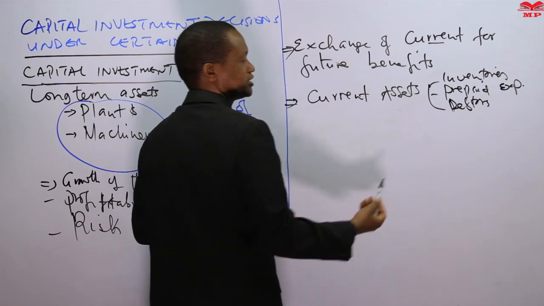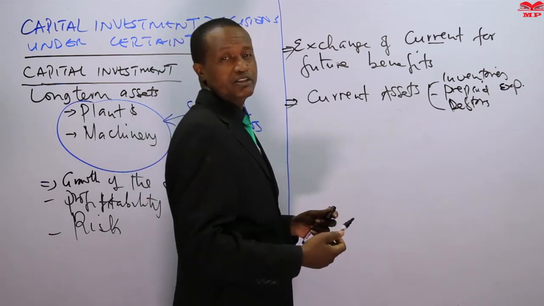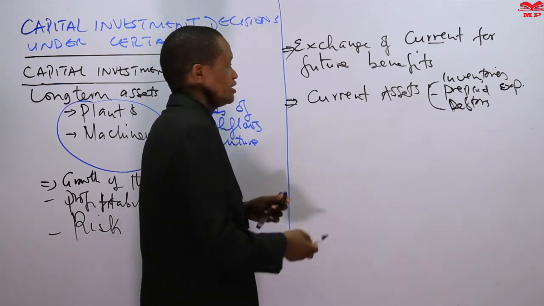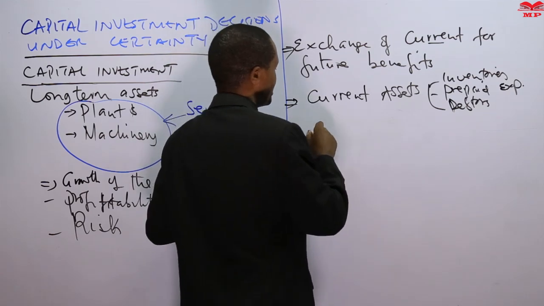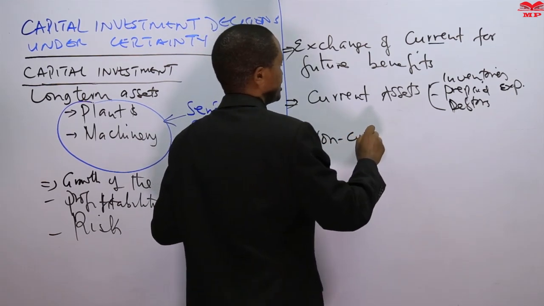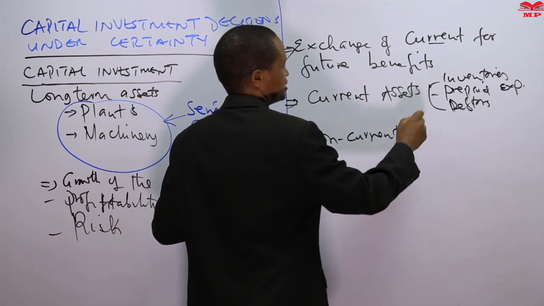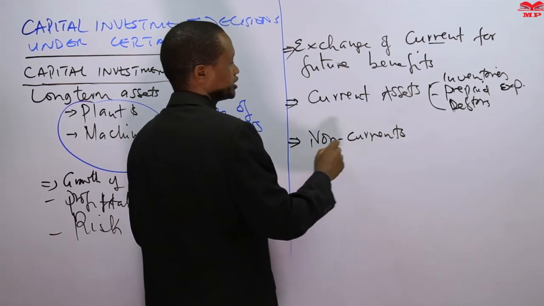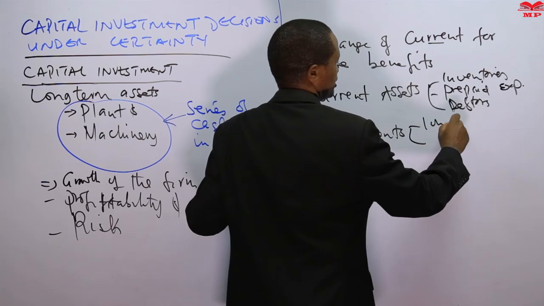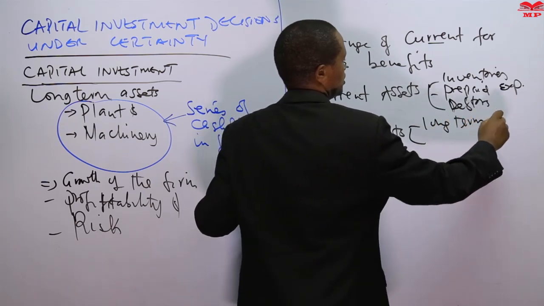These are short-term assets because they are meant to last in the business for a period of less than a year. But we also have non-current assets. These are long-term assets.